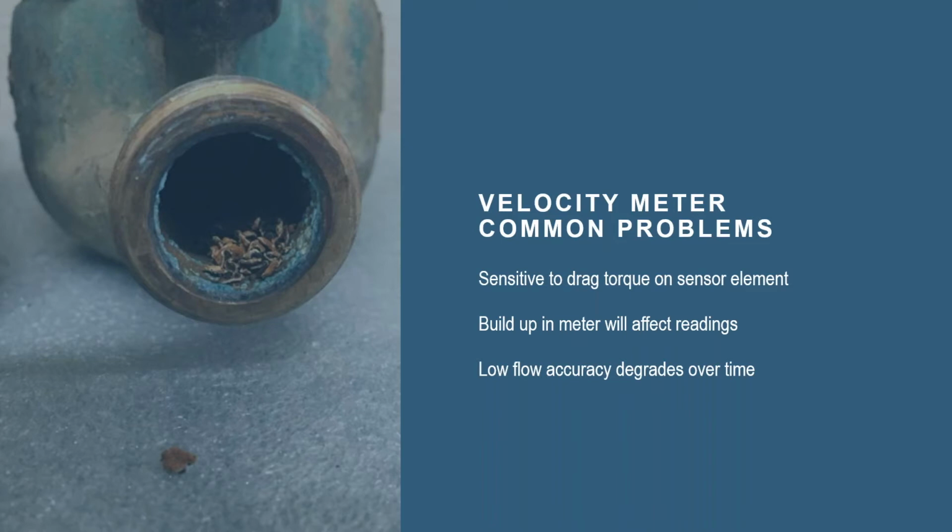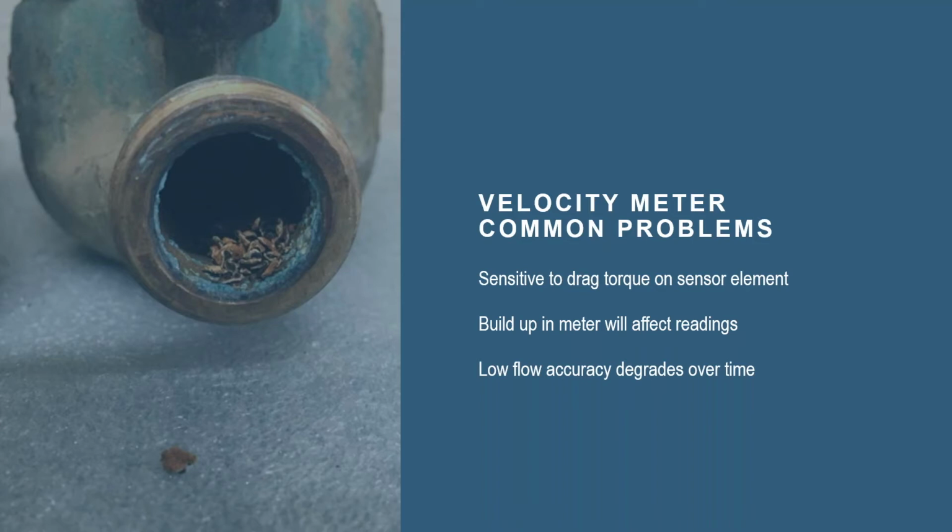internals, a lot of times those will actually deposit themselves and scale onto the mechanical moving components inside of the meter itself. And so as that deposition occurs, the meter starts to get out of balance. The turbine, or the measuring mechanism, the thing that spins inside of the meter, becomes heavier.